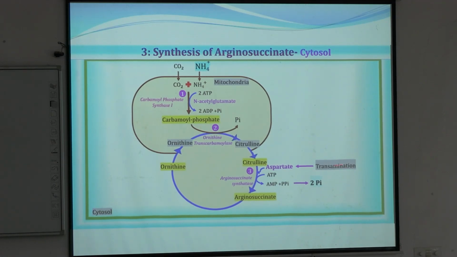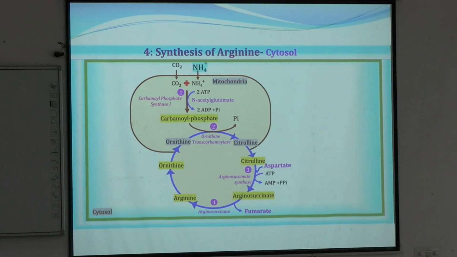Okay, and here the enzyme is arginosuccinate synthetase. So this is the third step where citrulline combines with aspartate and forms arginosuccinate. Clear? Fourth step. What happens in the fourth step? Arginosuccinate, by arginosuccinase or arginosuccinate lyase, is converted into arginine, and fumarate is released.